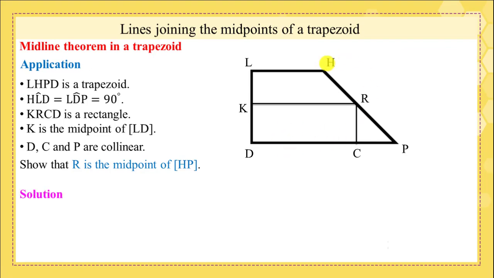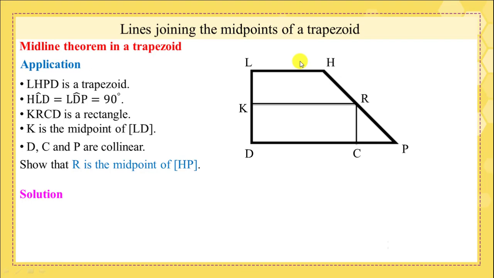Solution. How to show that R is the midpoint of HP? If we want to use midline theorem, then we have to search for the first midpoint and a line passing through this midpoint and parallel to the bases. Let's see, from the given we have K is the midpoint of LD. So K is the first midpoint. We have to show that the line passing through K, which is KR, is parallel to DP and LH.